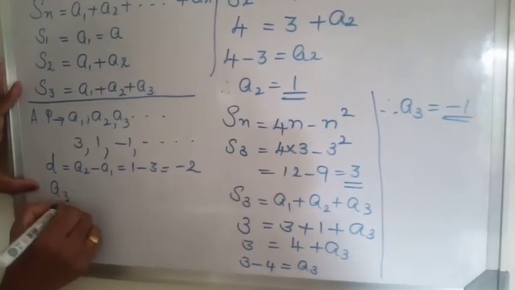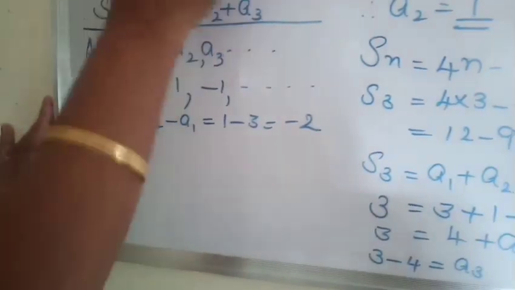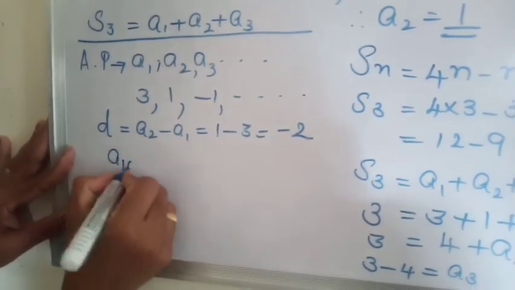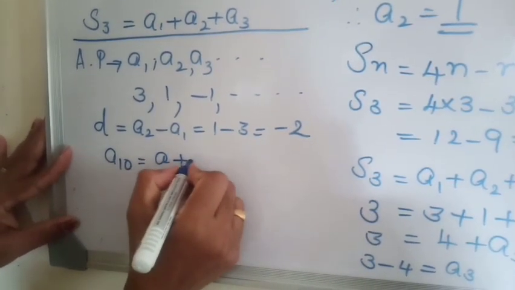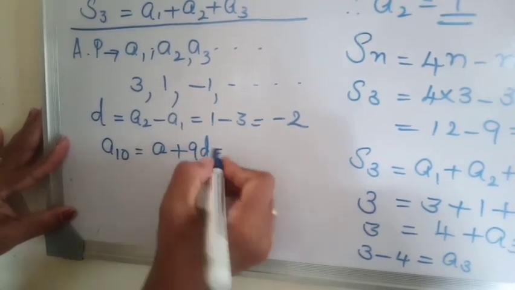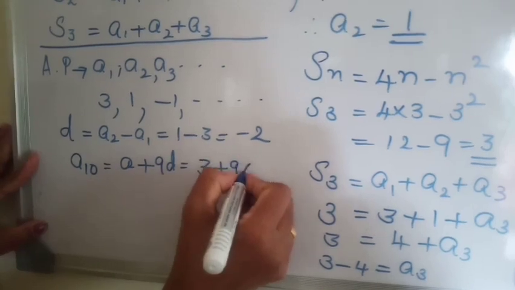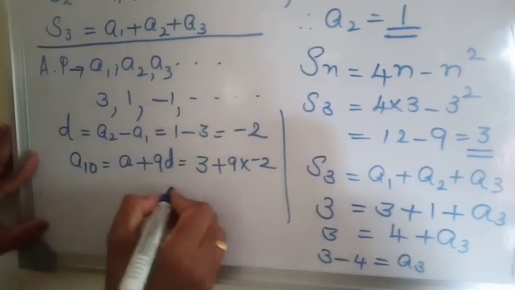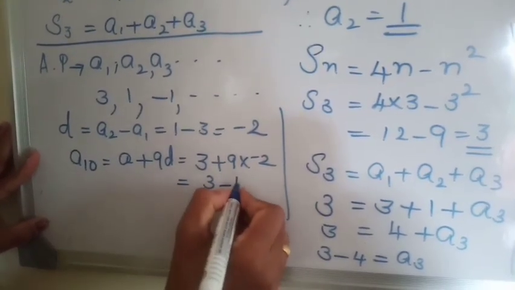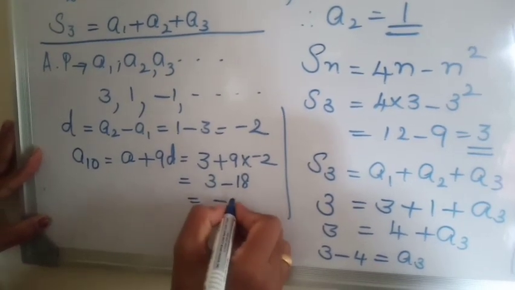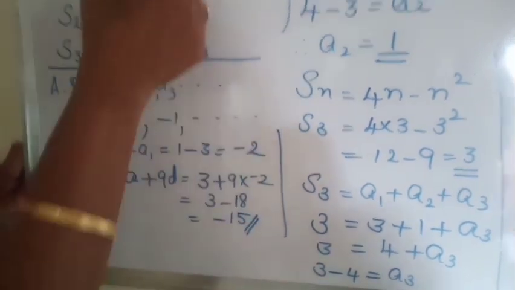Now A10. A10 equals A plus 9D equals A is 3 plus 9 into minus 2 equals 3 minus 18. It is minus 15. Now An.